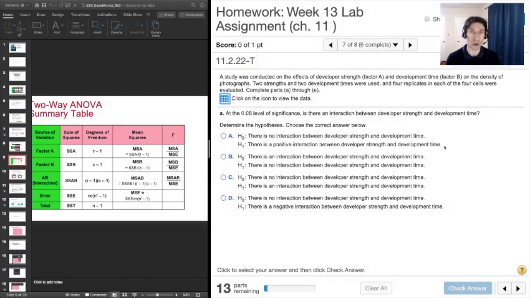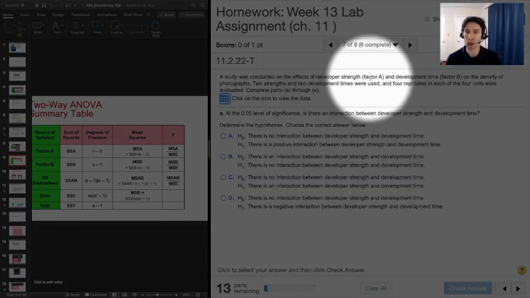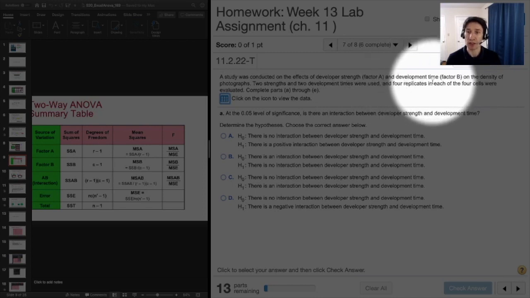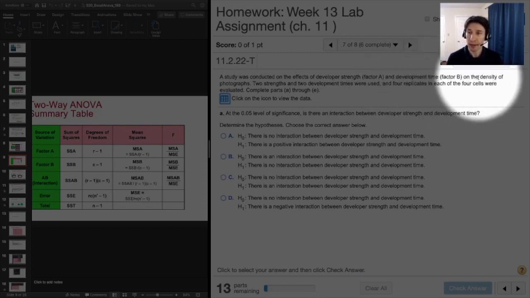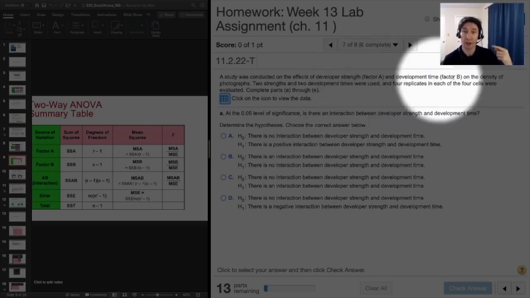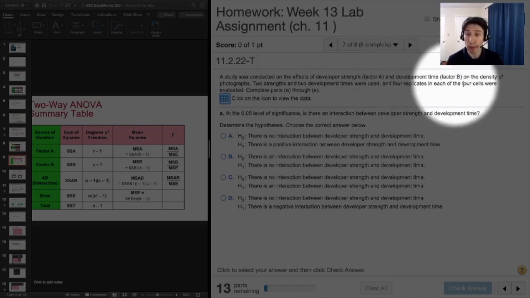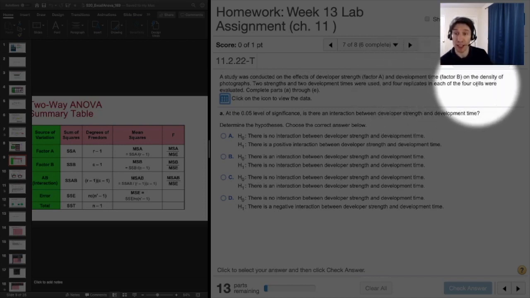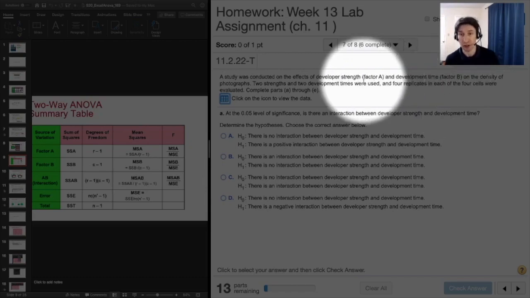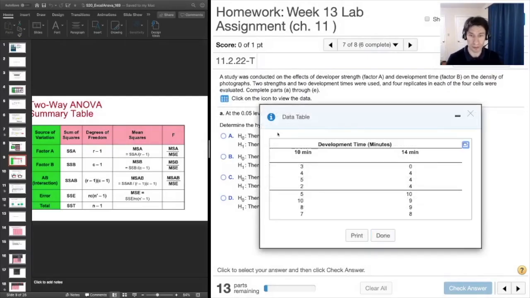So here you know it's a two-way ANOVA because they tell you about factor A, developer strength, factor B, developer time, which are impacting the density. That's your Y variable. So you have your three variables, the density, factor A, and factor B. It also tells you that there are 4 replicates in each of the 4 cells. Remember the cells being a combination of factor B and factor A. So let us open this data and run an ANOVA.